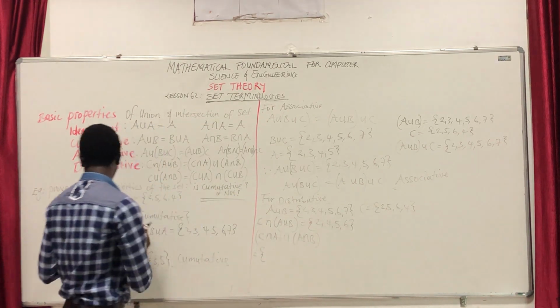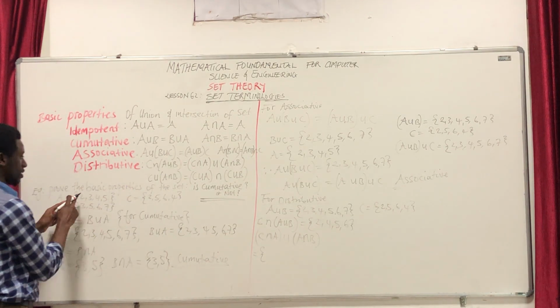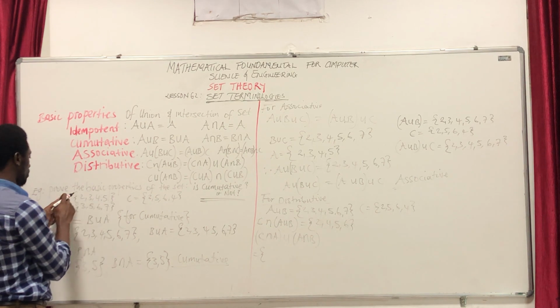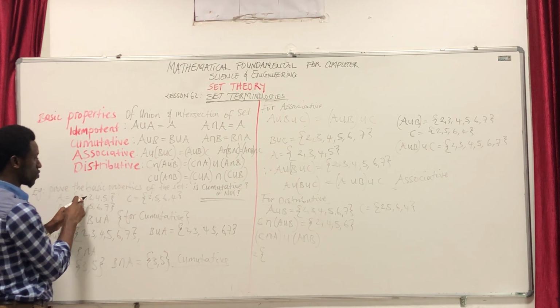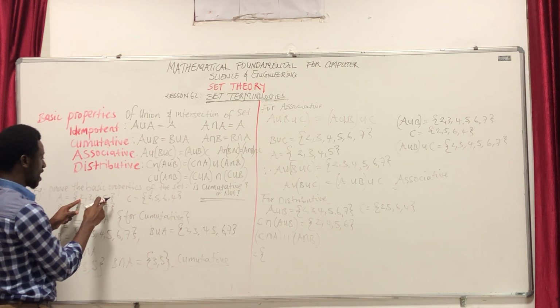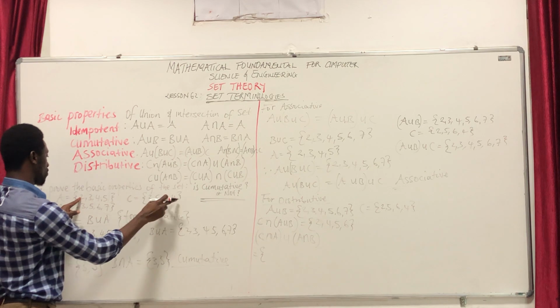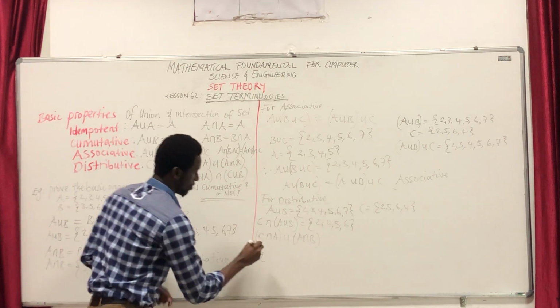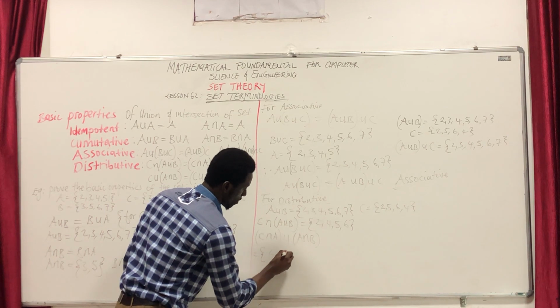C intercepts A: we check for the common elements of A and C. The common elements here are 2, 4, 5.